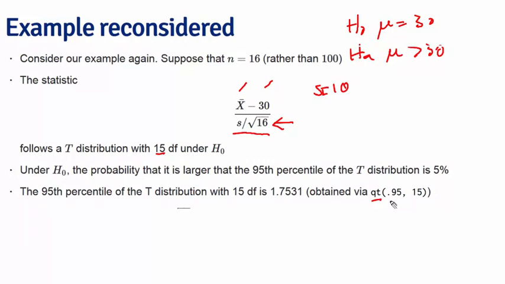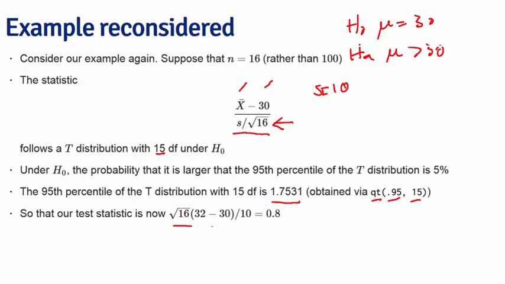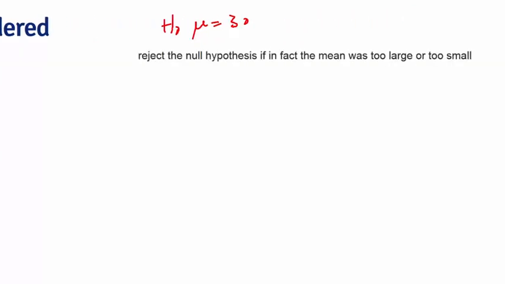This can be done with qt, 0.95, and 15 degrees of freedom, which works out to be 1.7531. Our test statistic, if we actually plug in the 10 and our x bar of 32, works out to be 0.8. And so we're failing to reject because 0.8 is smaller than 1.75.